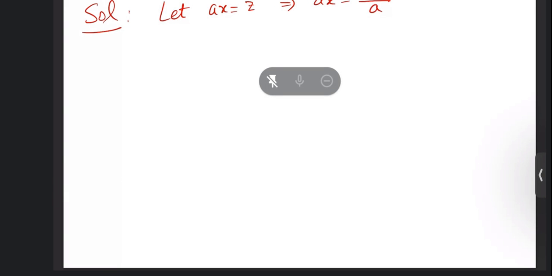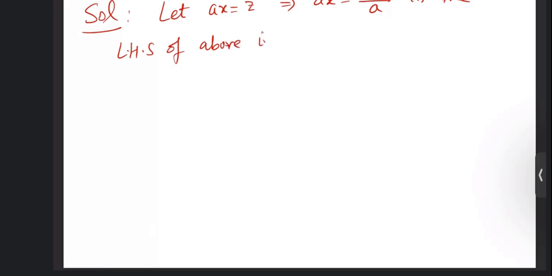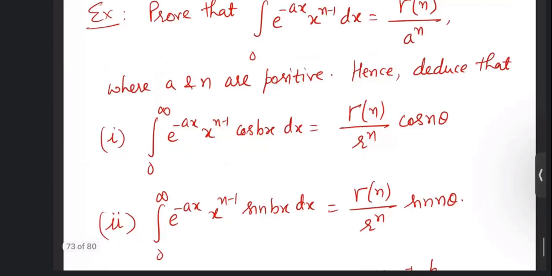Let ax is equal to z. This implies dx is equal to dz divided by a in the left hand side of the above integral of equation 1.